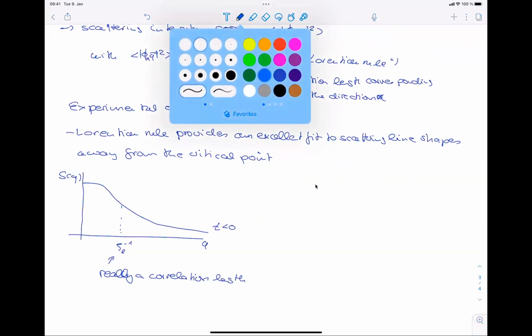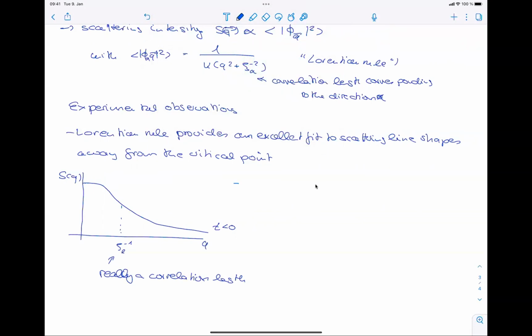However, what happens at the critical point looks more like that, where we have a 1 over q squared dependence. And indeed, at the critical point, this scales more like q^(2-η), for η bigger than 0, but very small.